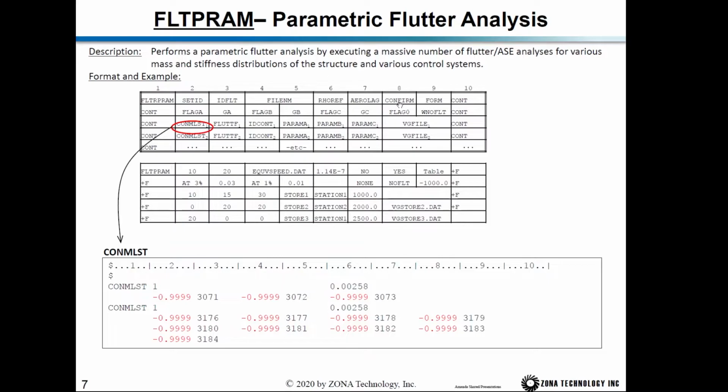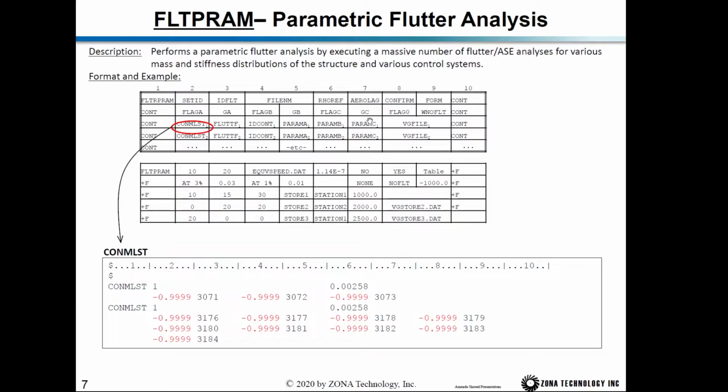This confirm is yes or no. If it's yes, the FLUTTER PARAM module will perform a flutter confirmation to make sure this flutter mode is a true flutter mode. After that, you specify flag A, flag B, flag C, and flag 0 using characters. And then you specify three setups for damping level. For example, GA 0%, GB 1%, GC 2%.